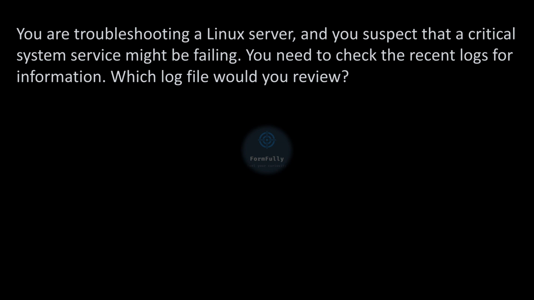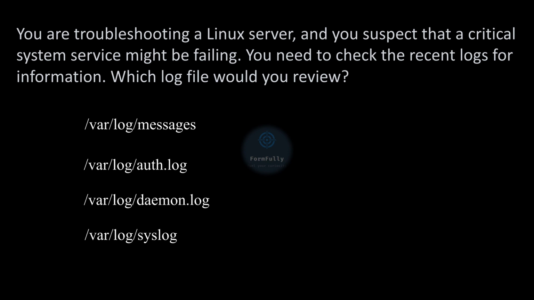Next question: you are troubleshooting a Linux server and you suspect that a critical system service might be failing. You need to check the recent logs for information. Which log file would you review? Options are as follows. Among these, the correct option is option 4, as it contains comprehensive records of system messages and kernel events.